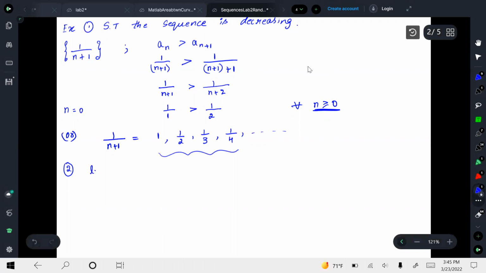You need to show the sequence is decreasing, and after which term is the sequence decreasing.